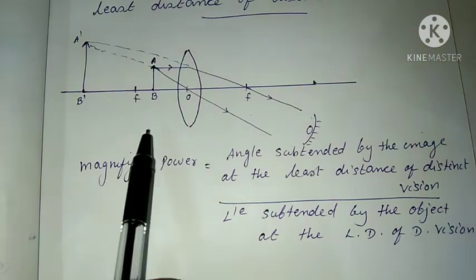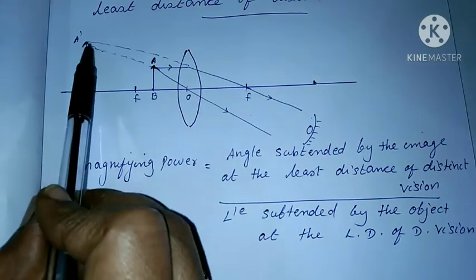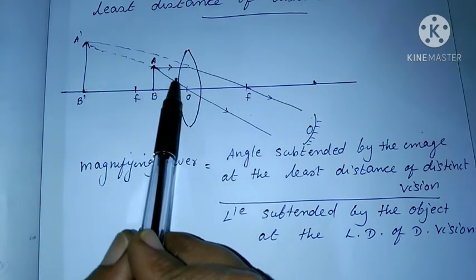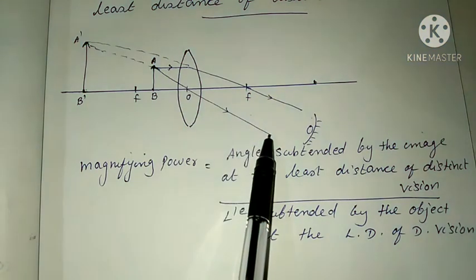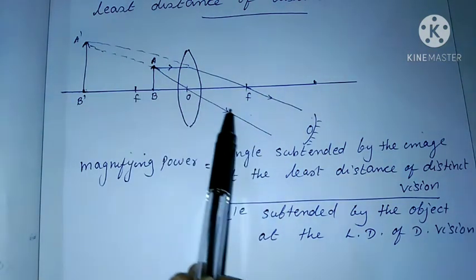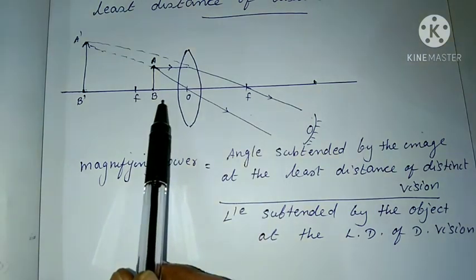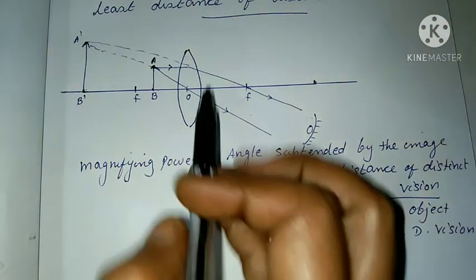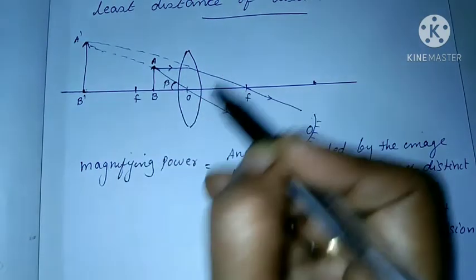So in the figure, what is the angle subtended by the image? So this is the image. This is the angle subtended by the image with the eye. So the image is formed at the least distance of distinct vision. So we can note here that it is beta.